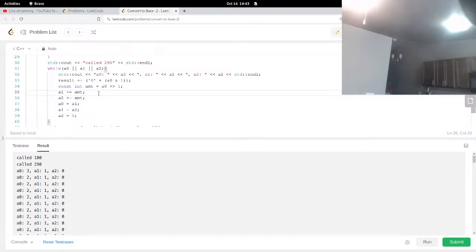I don't know. Yeah, this is some kind of logical error, but what is it? It shouldn't matter that I have excess stuff in A0 because it should just all kind of shift over. What is going on?